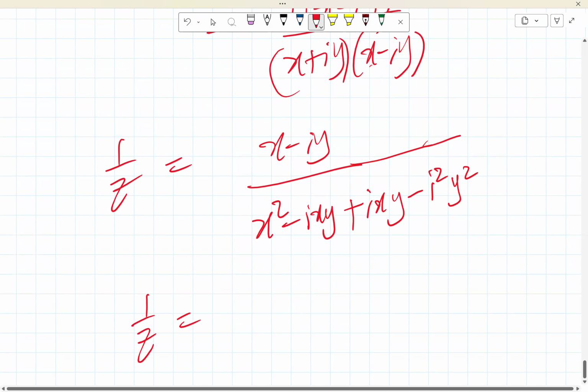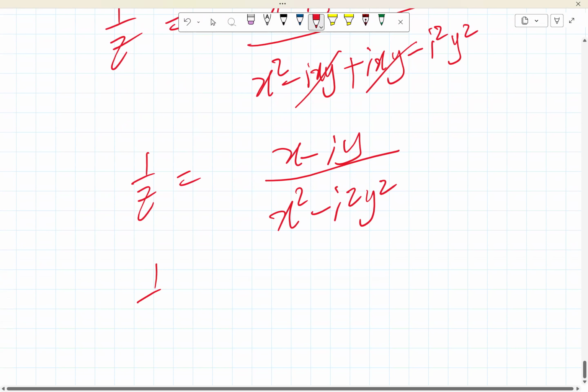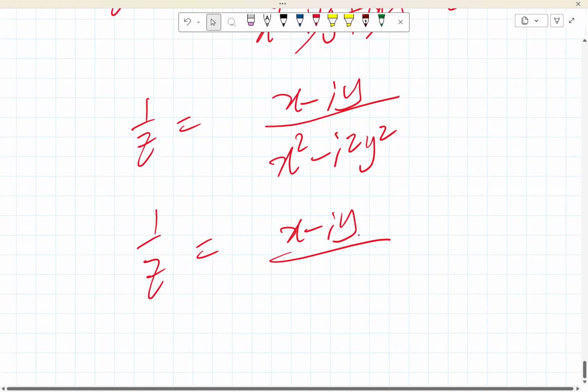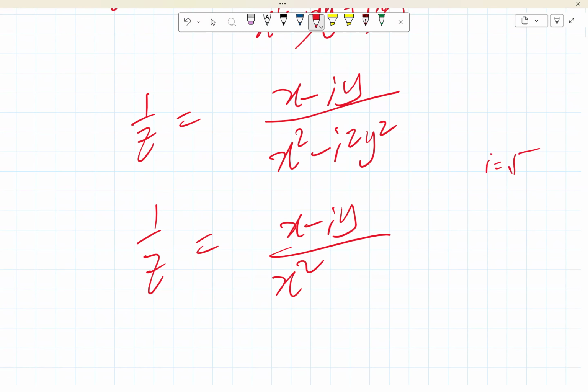So 1 over z now is x minus iy, all over, of course, this goes, and then we have x squared minus i squared y squared. Then i squared is minus 1, right? Because i is square root of minus 1.